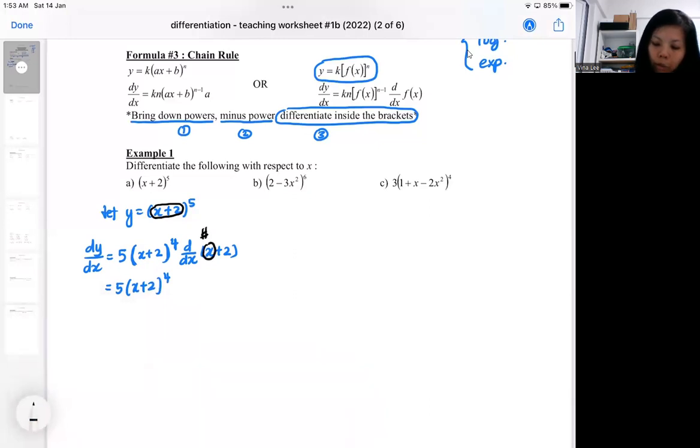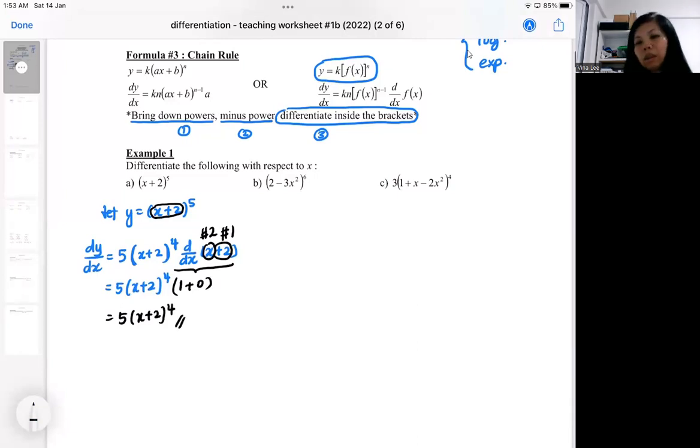That should be your rule number 2. How should you differentiate 2, the constant 2? That should be your rule number 1. This whole thing contributes the third step. If you differentiate x, you get a 1. If you differentiate 2, you get a 0. So all in all, the final answer will be this.